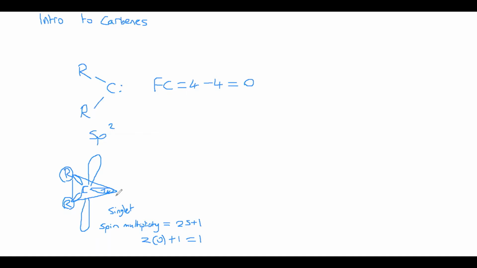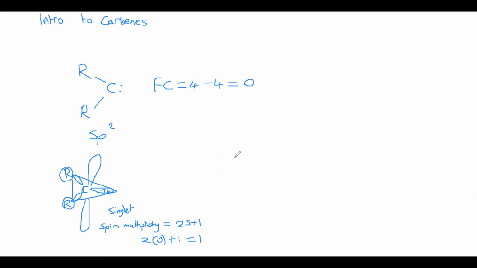Now, these singlet carbenes tend to be the carbenes that we form in solution-based reactions. So they are the carbenes that we will be talking about for the rest of these videos, as when we are doing reactions in the lab, we'll mainly be working in solution, and so we will only really see singlet carbenes.